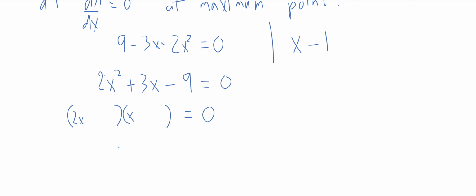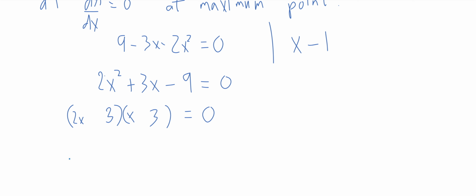I'm going to try minus 3 and positive 3, but to start off, I'll just put a 3 here and a 3 here. Because this multiplied by whatever this is, plus this multiplied by this, must combine to make plus 3x, as well as multiplying to make minus 9.